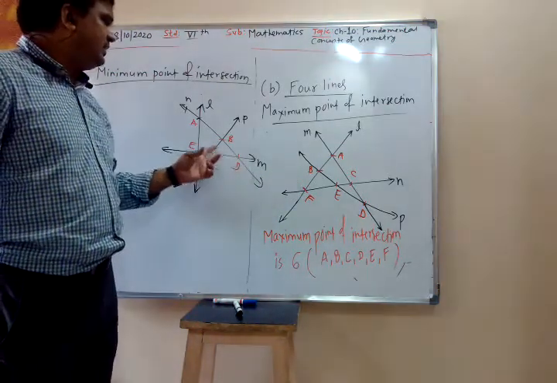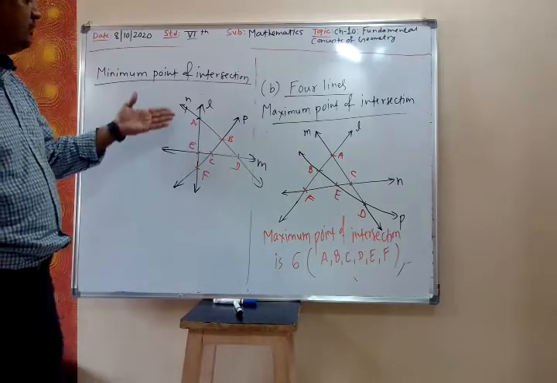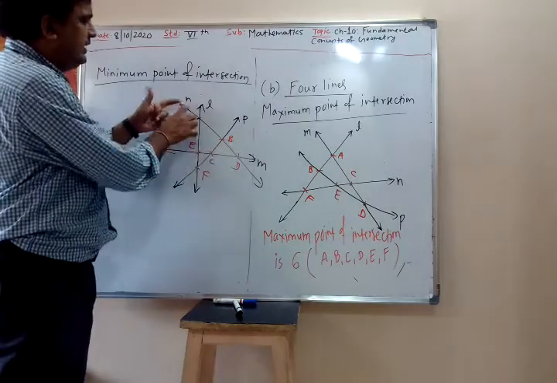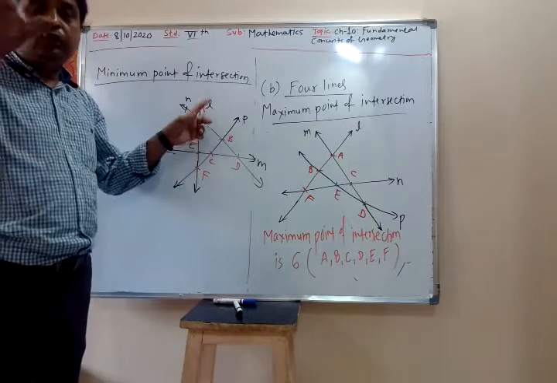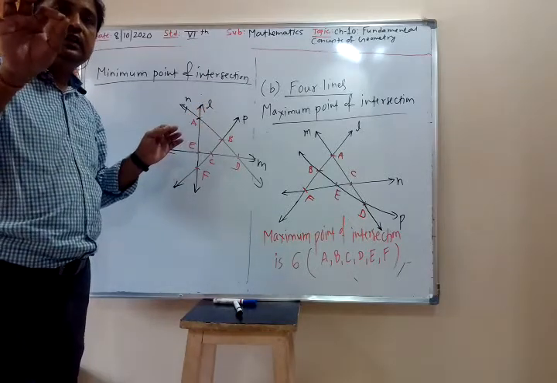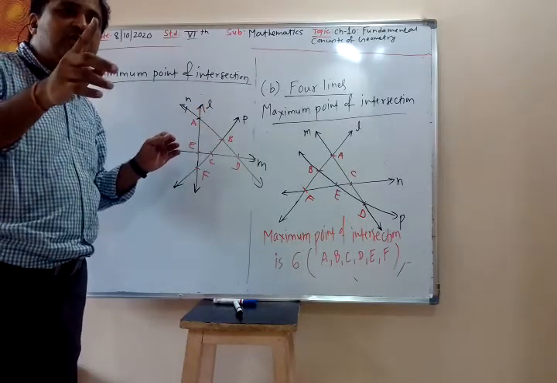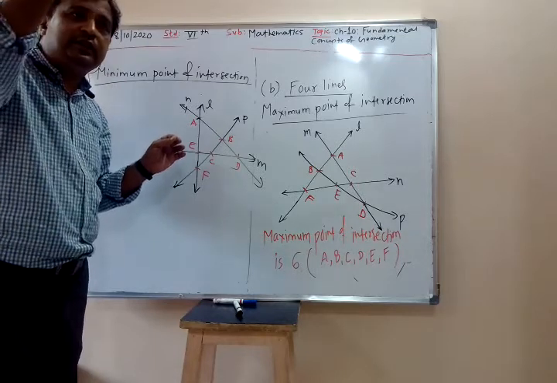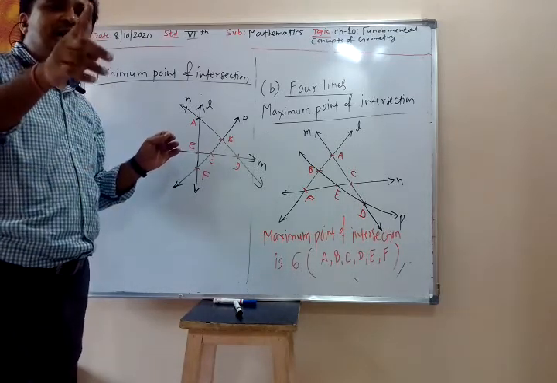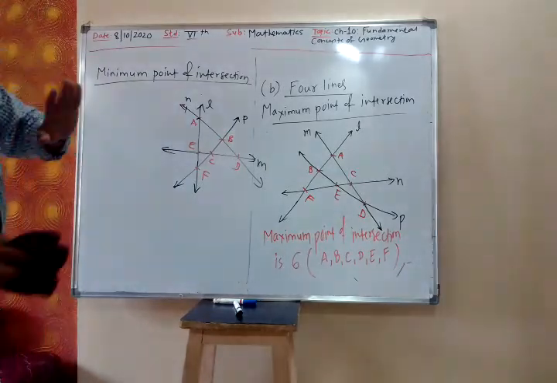There also I have 4 lines: L, M, N and P. The fourth line you have to draw intersecting 2 lines.